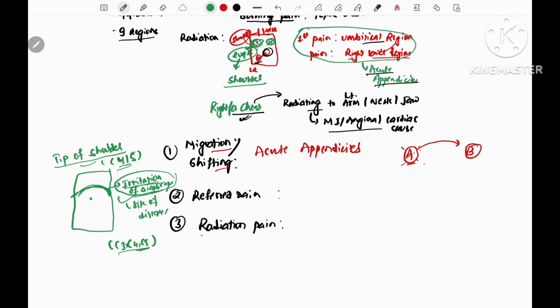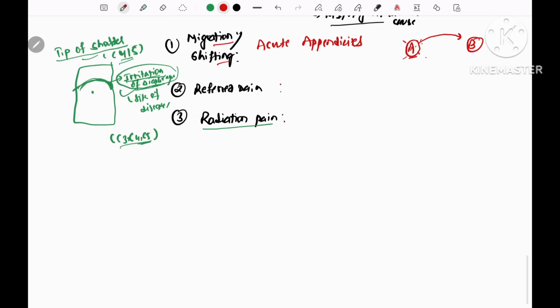Now the third one is radiation of pain. Radiation of pain means that the pain is present at the original site and is also extending to another site, like in the case of peptic ulcer.